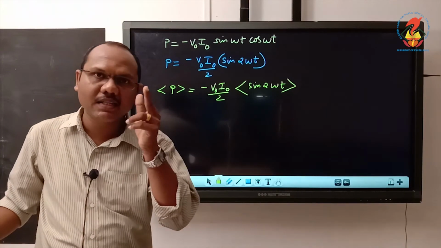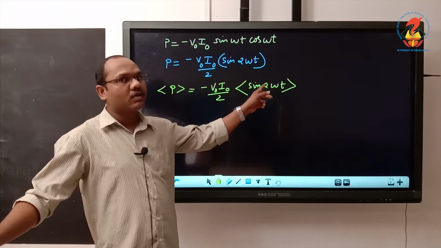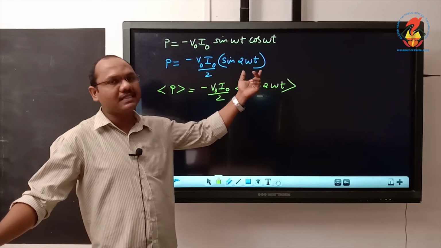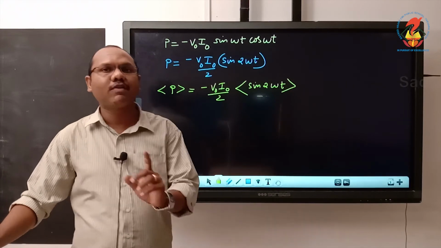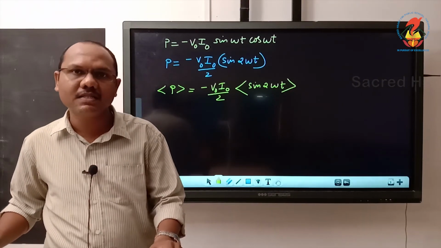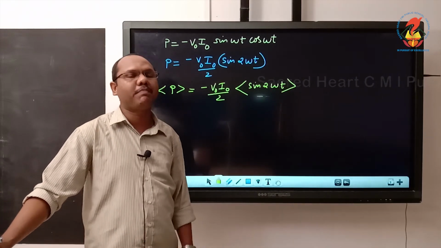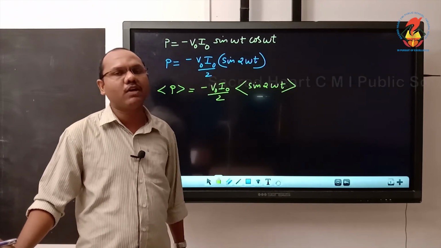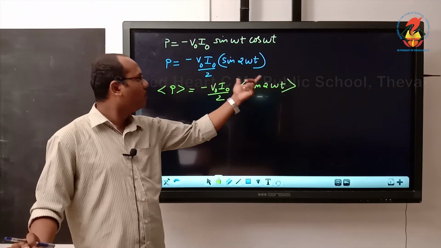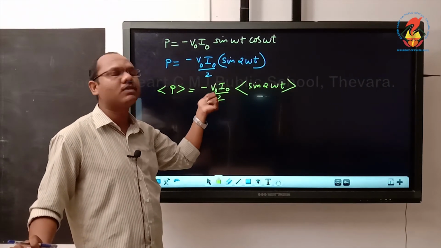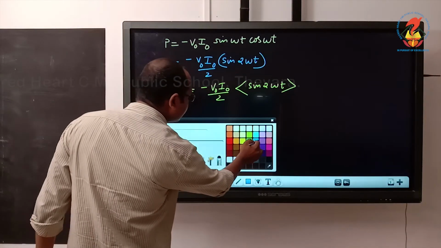Remember what we said in the last equation: if there is any time dependent function, its average value in one complete cycle is 0. So sine 2 omega t is time dependent, and its average value in one complete cycle is 0. So if this is 0, what is 0 into V0 I0 by 2? 0.